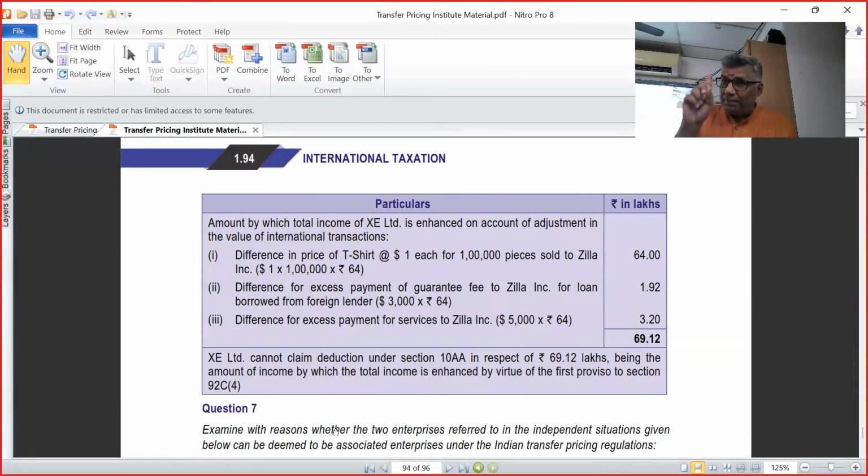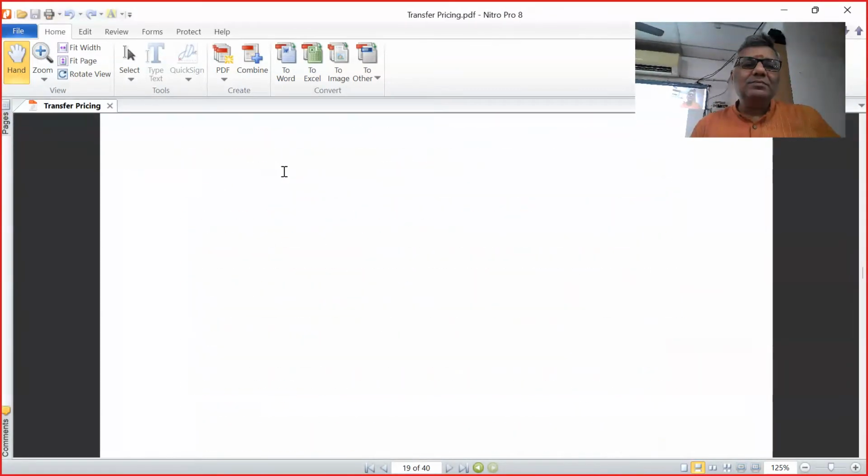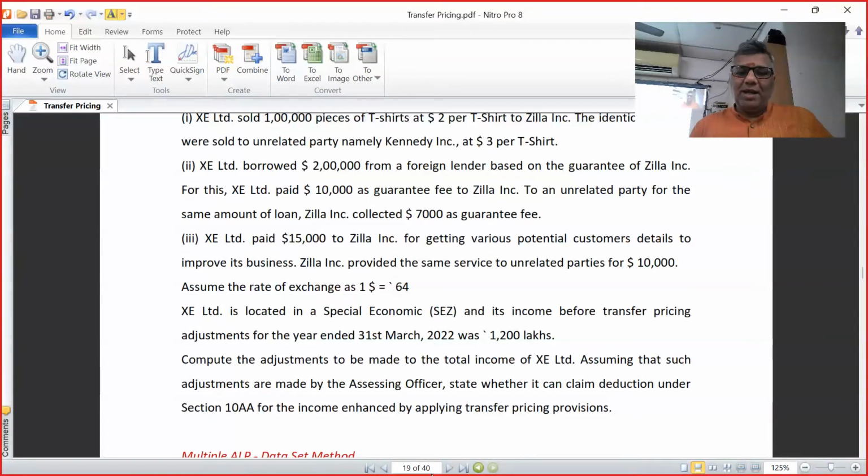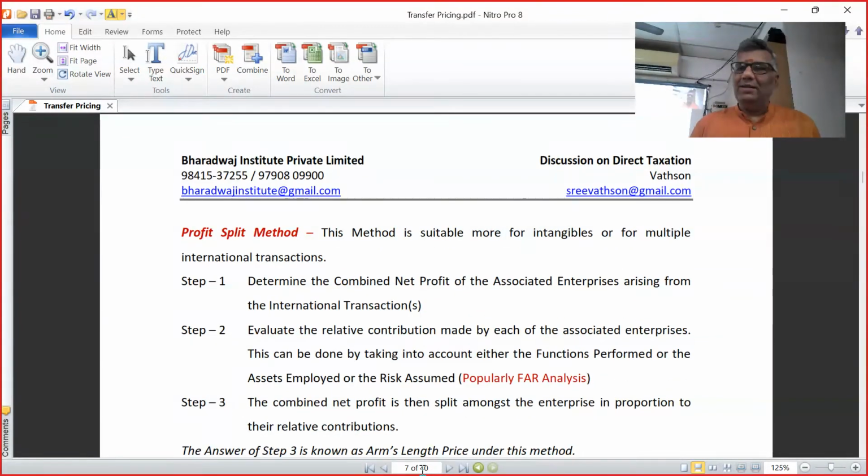One method-based question, sure, it can be any method, but there will not be anything without being questioned. Am I clear to you? Okay, right. So 5 methods. The last method is a residuary method where the assessing officer determines the price.